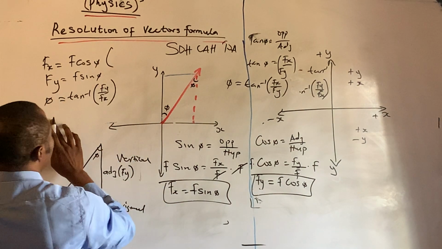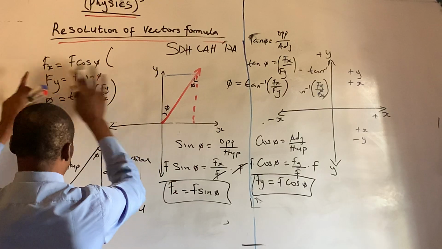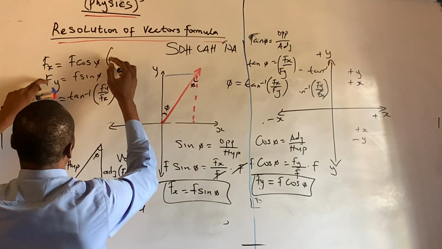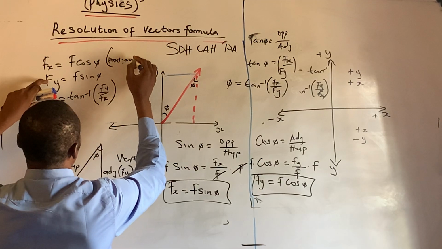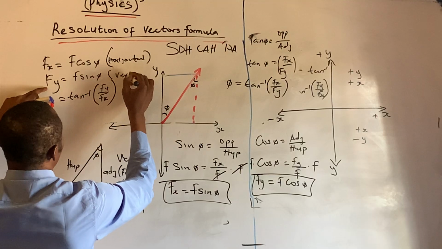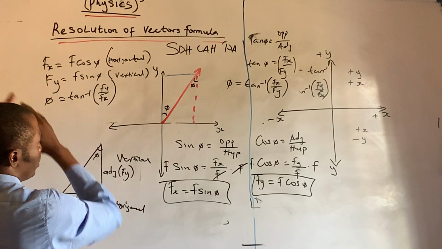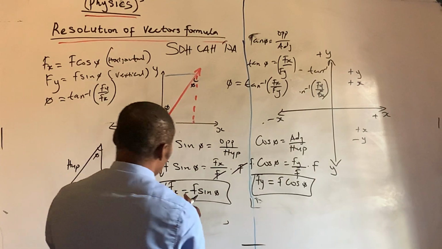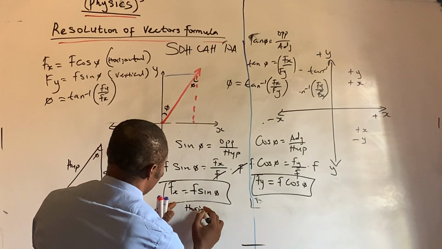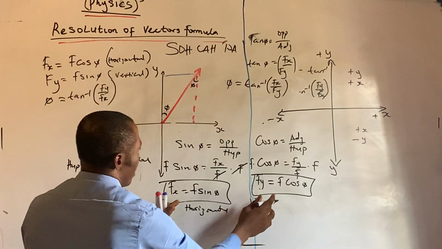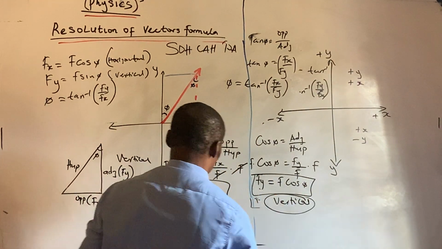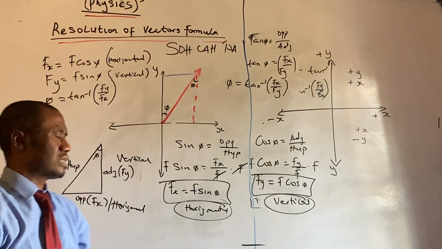So here, if the angle is inclined here, f of x is the horizontal, then f of y is the vertical. Of course, you know the direction. Then over here, f of x is still the horizontal, f of y still the vertical. So you don't get it mixed together.